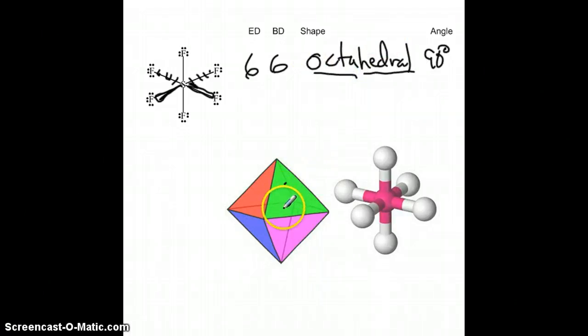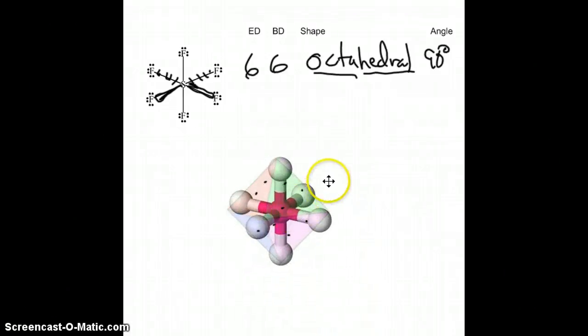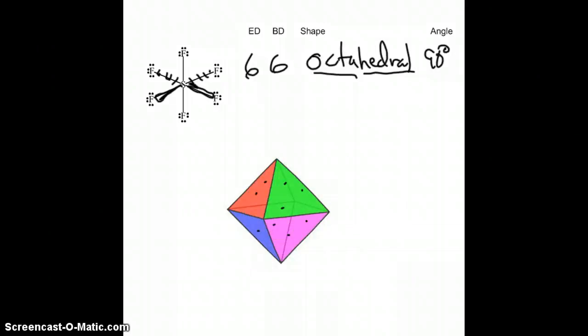So there's one face here, one face here, one face around the corner, and back here you can see another face, and then 1, 2, 3, 4 faces here, for a total of 8 faces. When you overlay, you see the central atom can sit right in the middle, and each exterior atom can sit at the vertex of the octahedron. So that's why it is called an octahedron, because if you were to make a three-dimensional object out of it, it would be an octahedron.